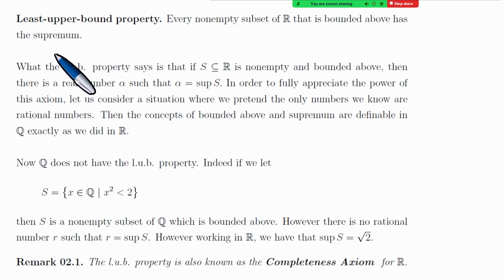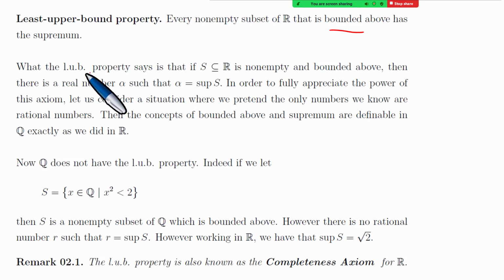If you take a set that is bounded above, then you can find a supremum, because a supremum is the least upper bound. Every set that is bounded above has the smallest upper bound, and that smallest upper bound is also called the least upper bound, hence we have a supremum.